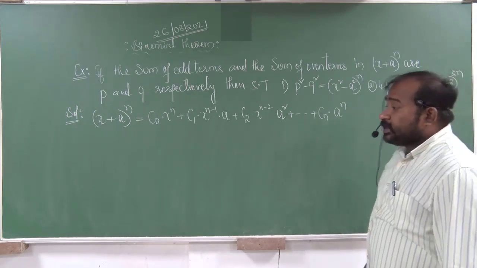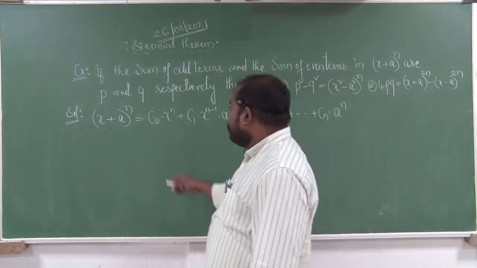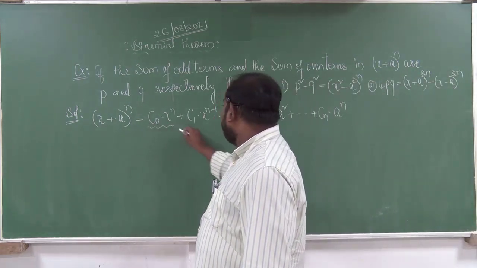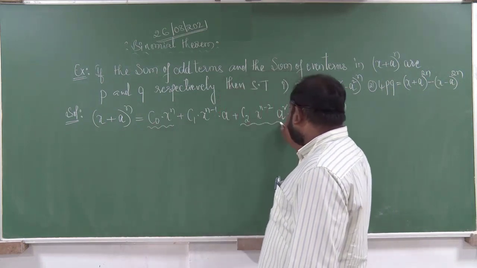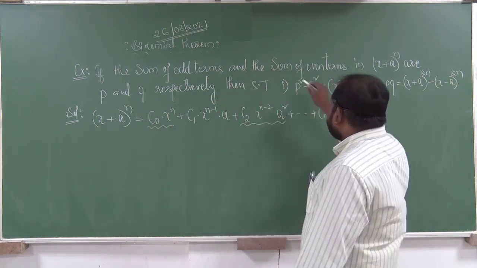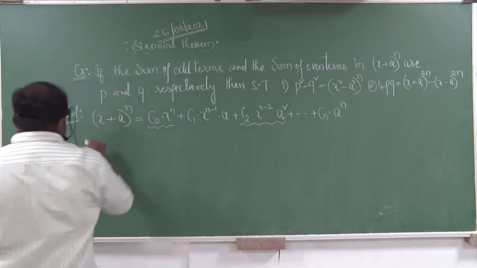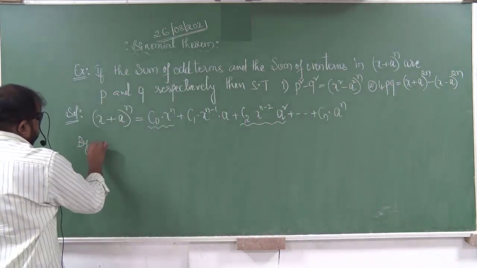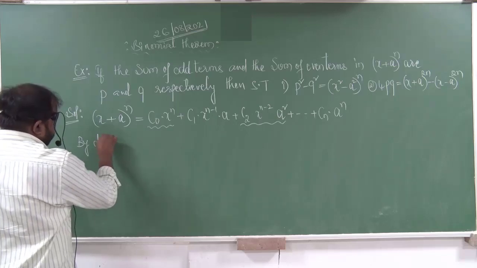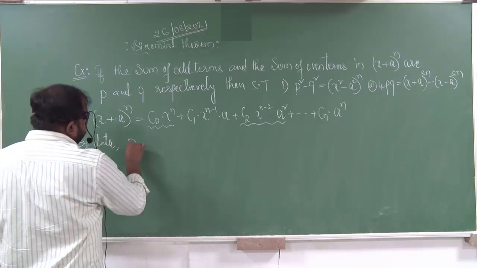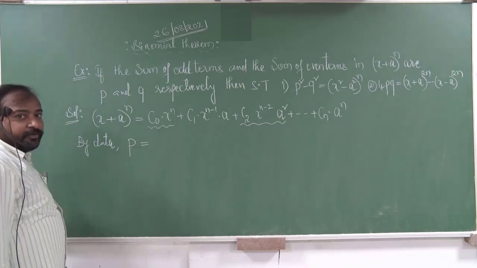Now, the sum of odd terms. Odd terms means the first term, third term, like this. The sum of odd terms is denoted by P. So by the data, what is the value of P?